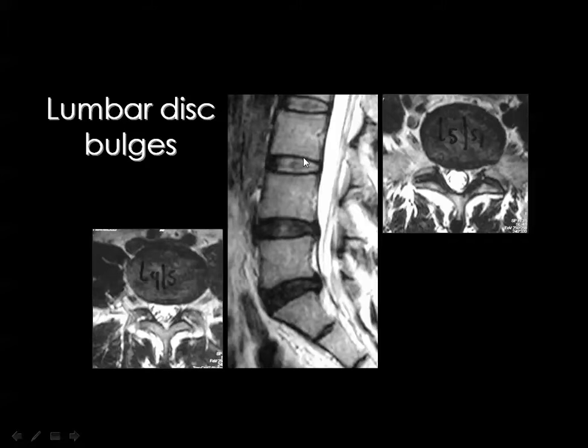Okay, and if you look carefully at this MR example, you see that L45 and L5S1 discs are degenerated and they are extending inside the spinal canal, and I want to know if this is bulge or herniation, then I go to the axial image. In the axial image at L45, I see that the edge of the disc is diffusely bulging from left to right, then this is bulge. At the level of L5S1, the posterior edge of the disc is also diffusely bulging from left to right, and this is disc bulge.